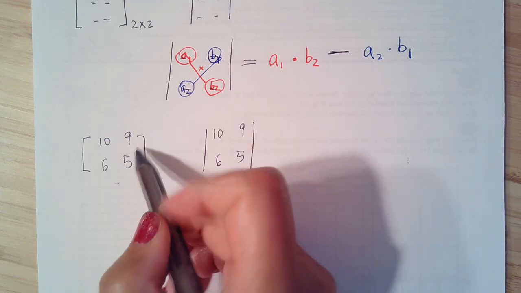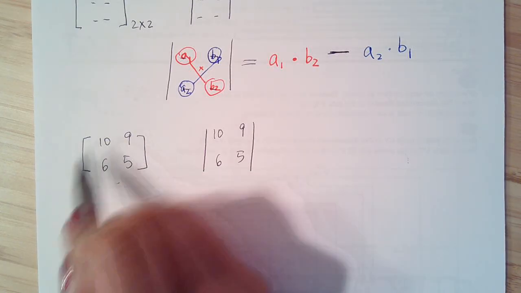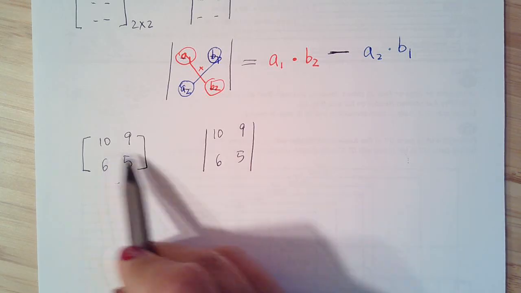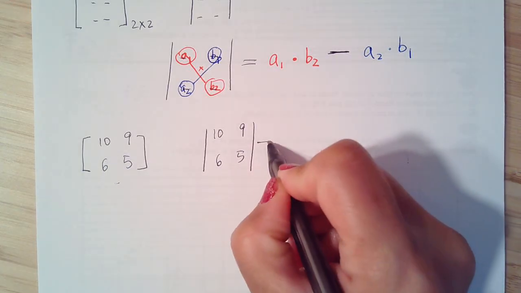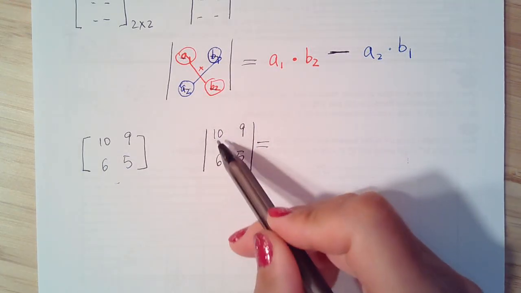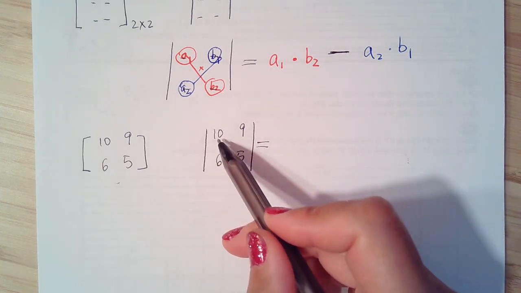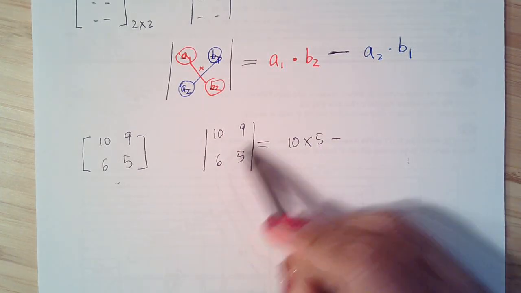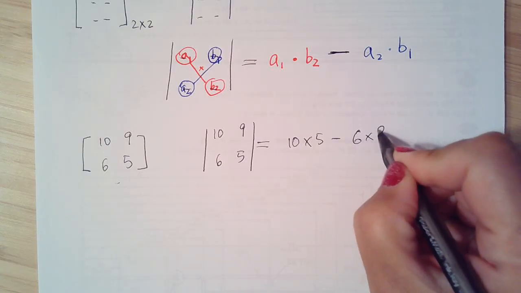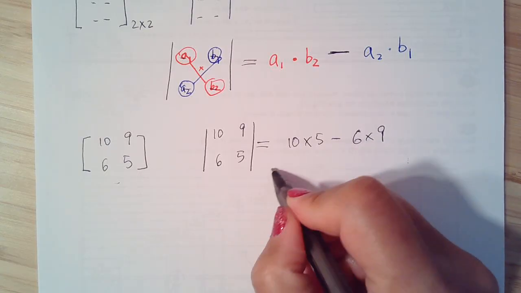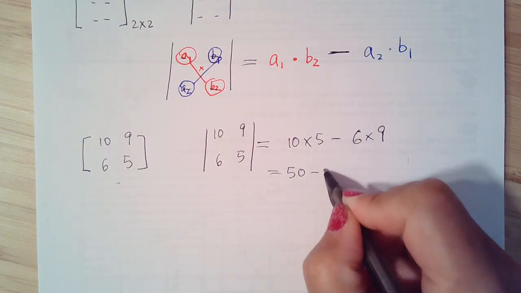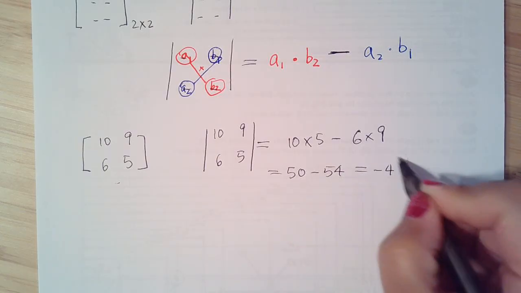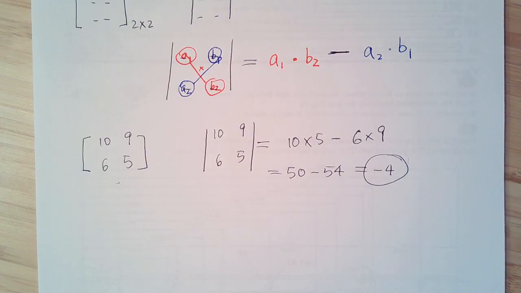You're not going to write equal here, because a matrix is not a single value. It's just a list of numbers put in rows and columns. Starting from the top left and dragging down, that will be 10 times 5 minus 6 times 9. So that will be 50 minus 54. My final answer is negative 4.